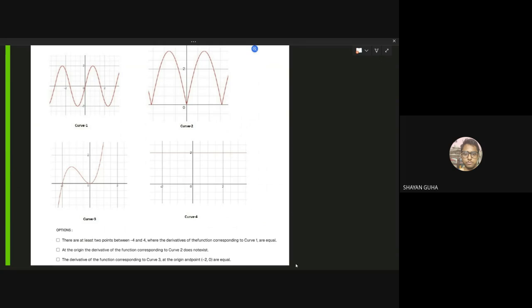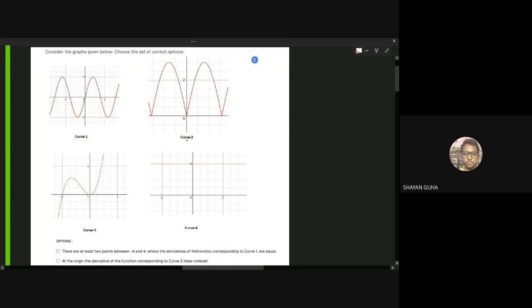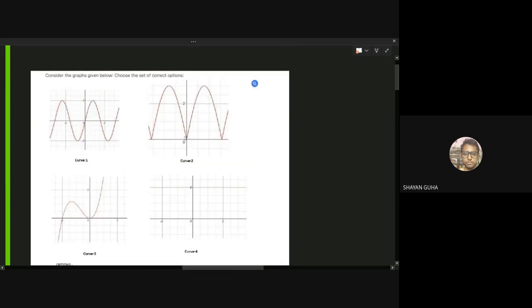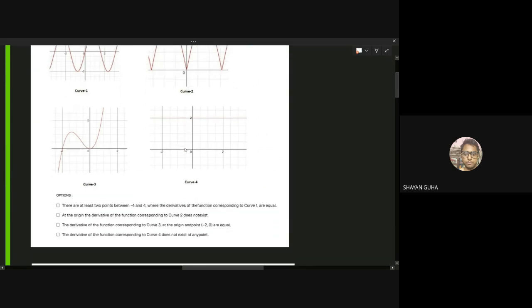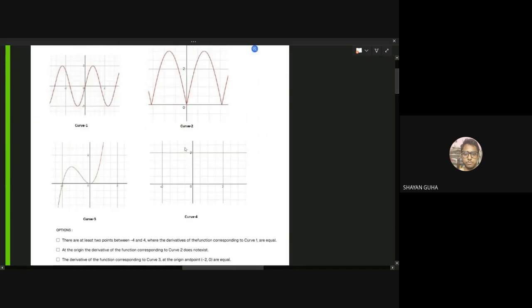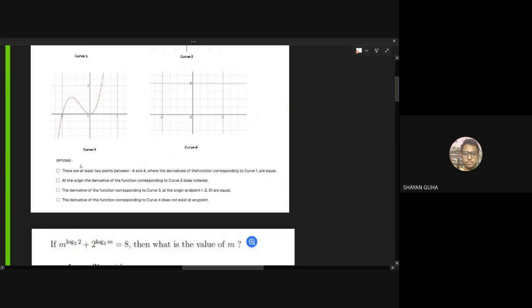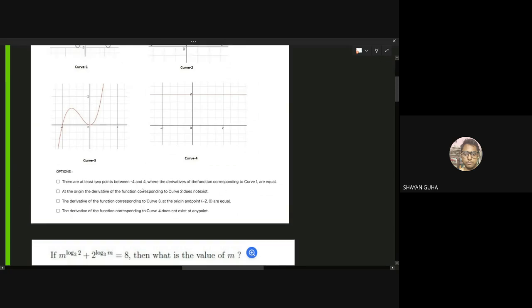Okay. So, in this particular question, you can see that there are actually four curves given. Now, according to the given curves, there are particular statements and you have to select which one is correct. Now, for curve 1, it's given that there are at least 2 points between -4 and 4 where the derivatives of the function corresponding to curve 1 are equal.